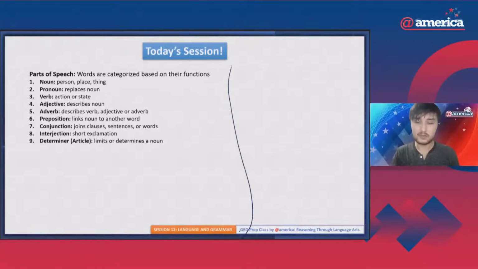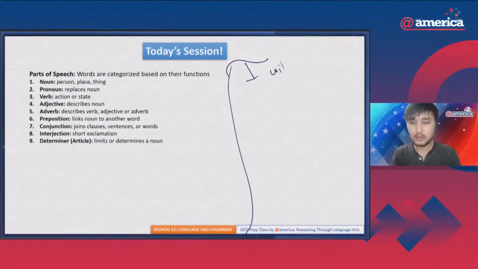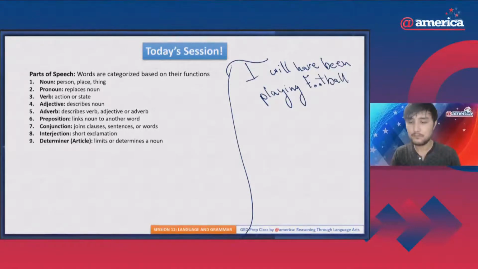Using the previous sentence, let's make it complicated: I will have been, for instance, playing football for 4 hours by the time you arrive.